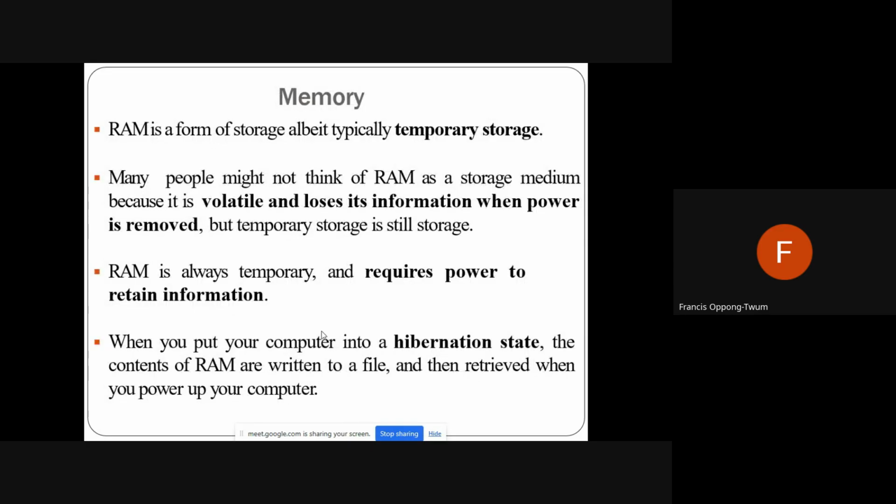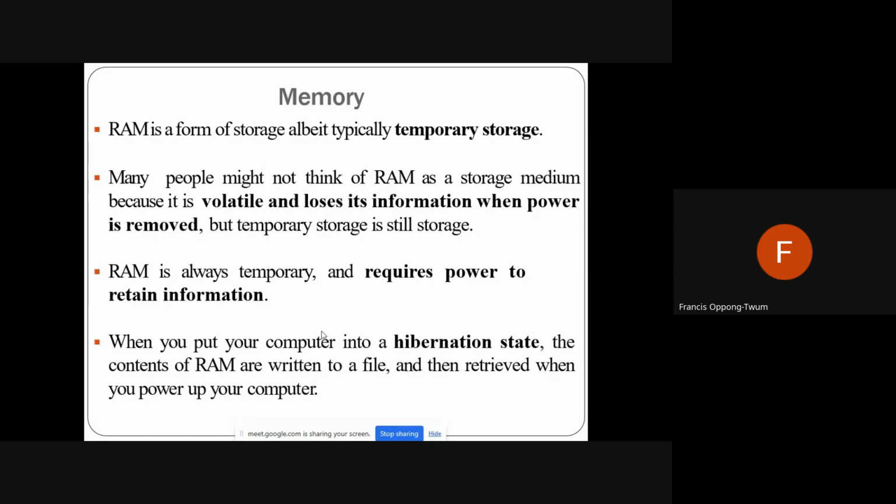The RAM is a form of storage, but that storage we always regard as temporary. And I think at this level we know this, at the JHS or SHS level, if you have done introduction to computing before, because many people might not think of the RAM as a storage medium.